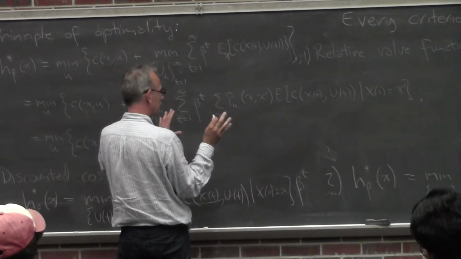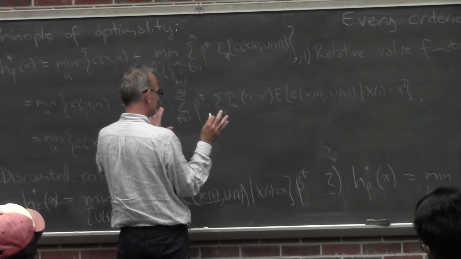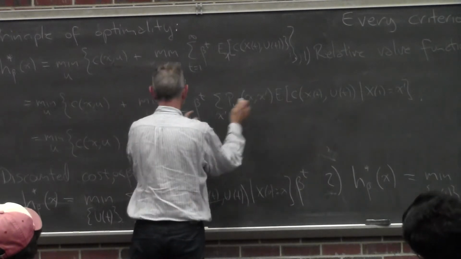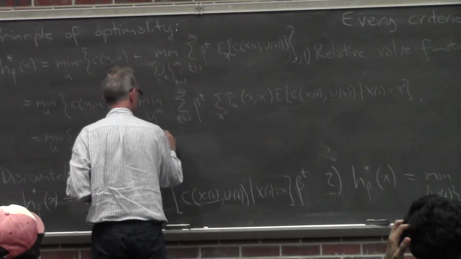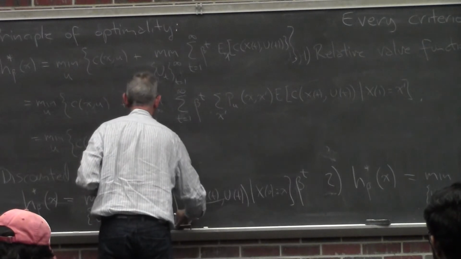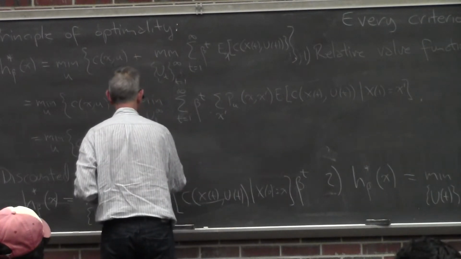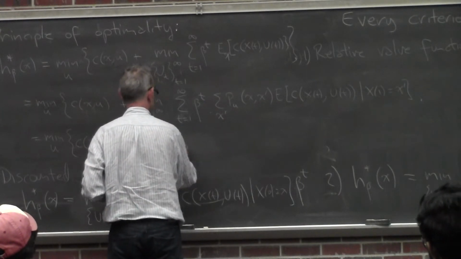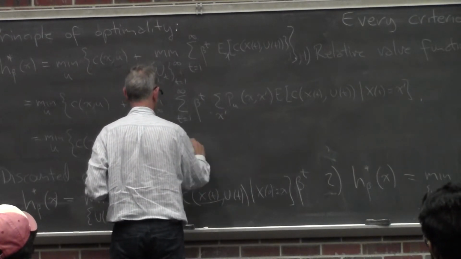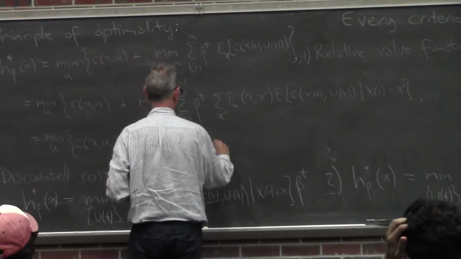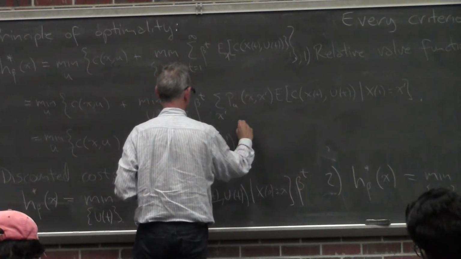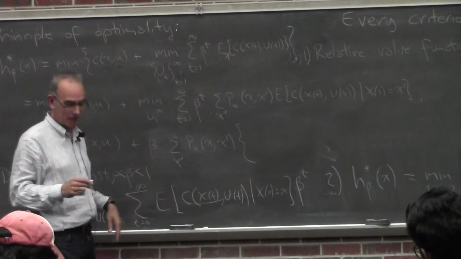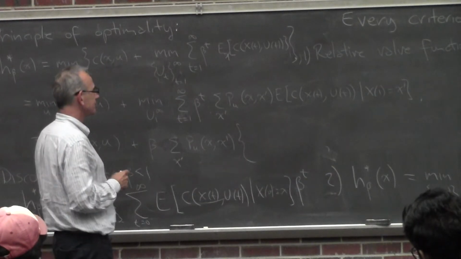I almost slipped up. Pull out the sum of P. So it's the sum over x prime. In fact, I'm going to take one of these betas out and make that beta t minus 1.